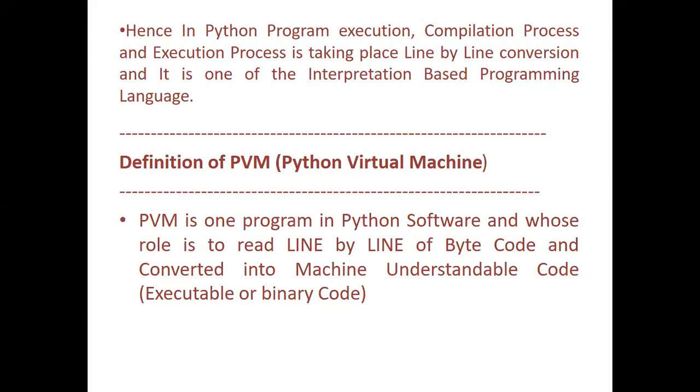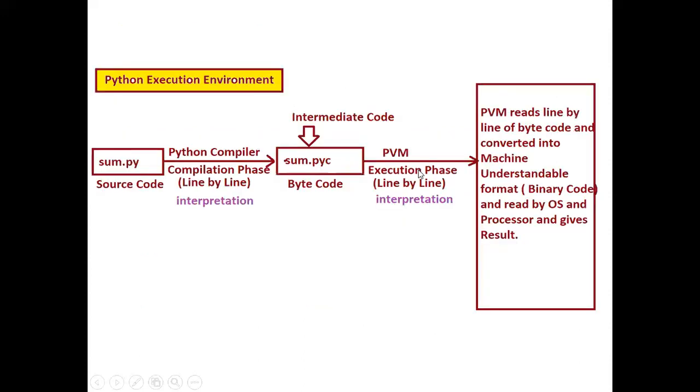What does the PVM do? It reads the code line by line and converts it into machine understandable code, that is binary code. Is this clear to you guys? Let's go ahead.